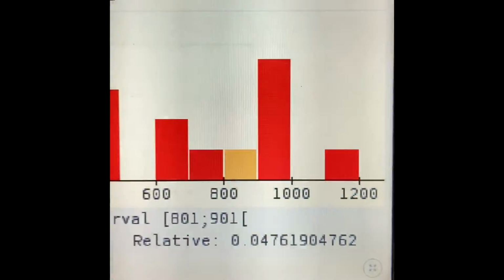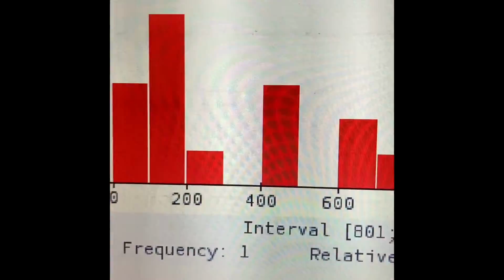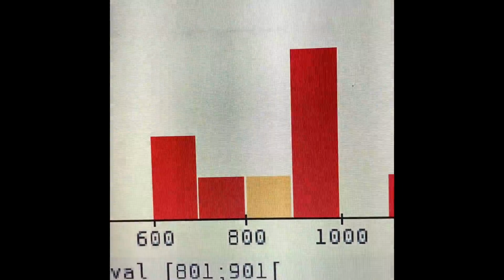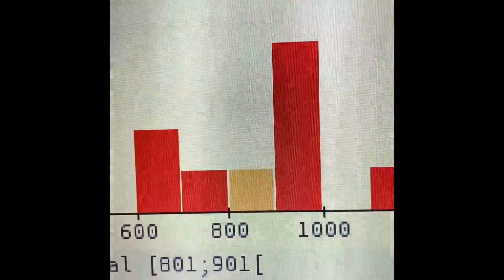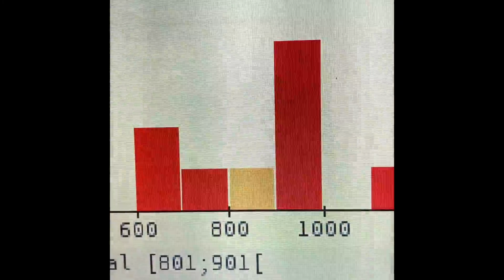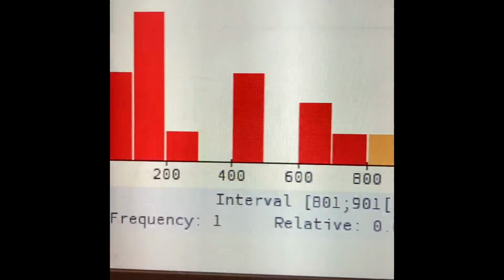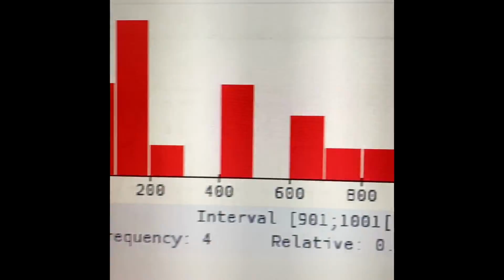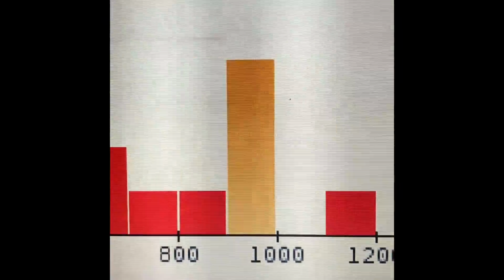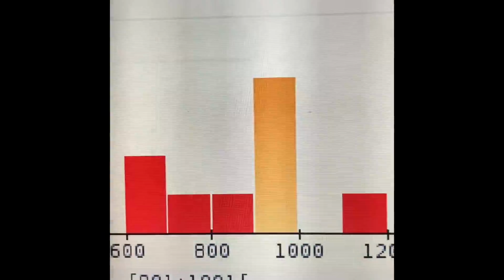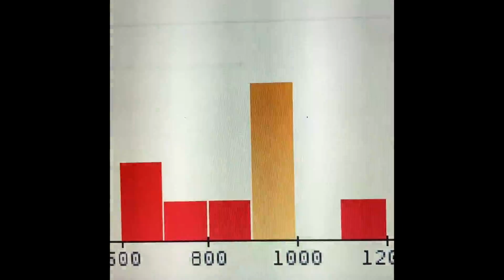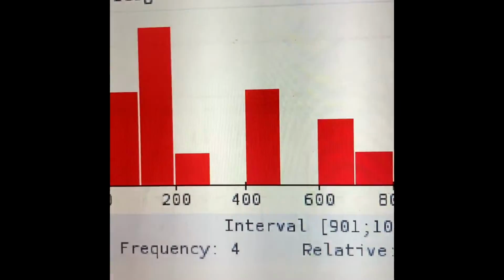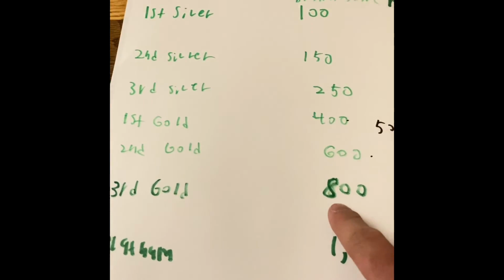And we can calculate that someone that got a score of 800 to 899, that is one person. And from 900 to 999, we have 4 people. So in this range, 5 people got a 3rd star gold medal.